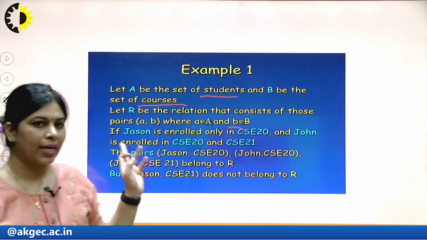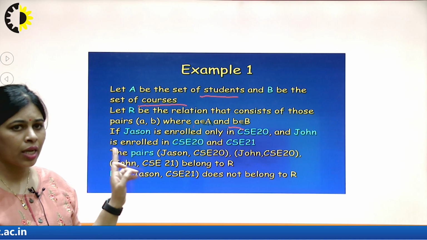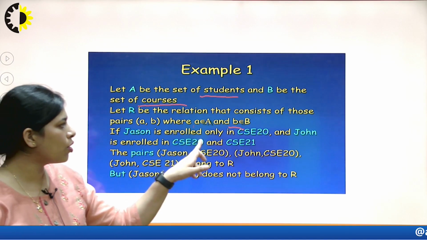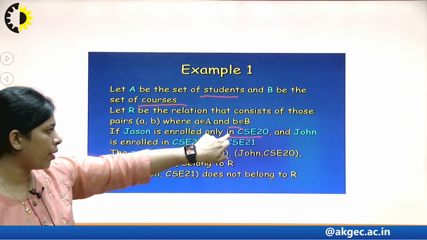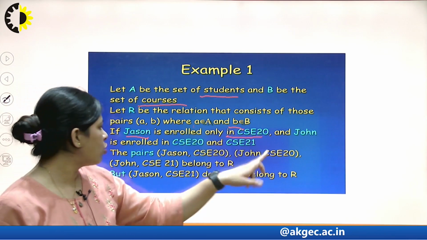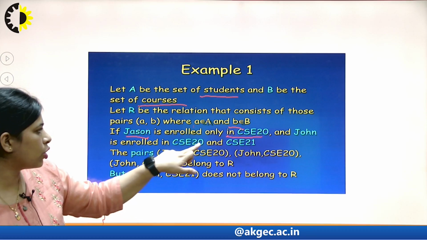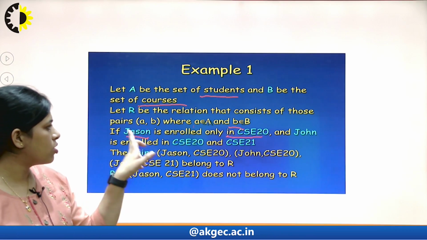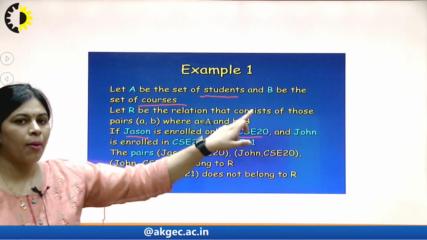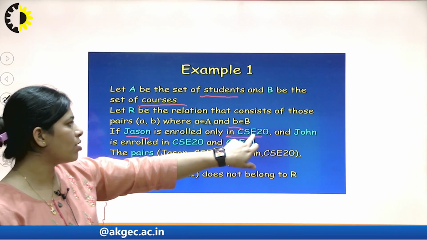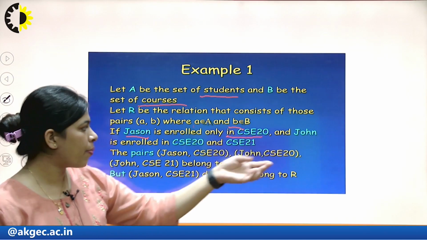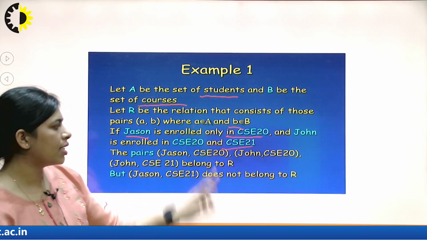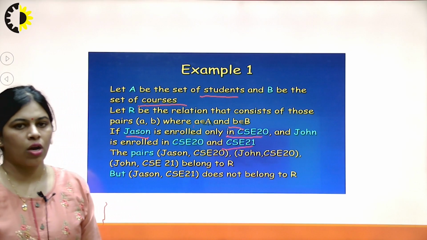If Jason is enrolled only in CSE 20, and John is enrolled in CSE 20 also, but John is also part of the second set CSE 21. So it is all about the relation.